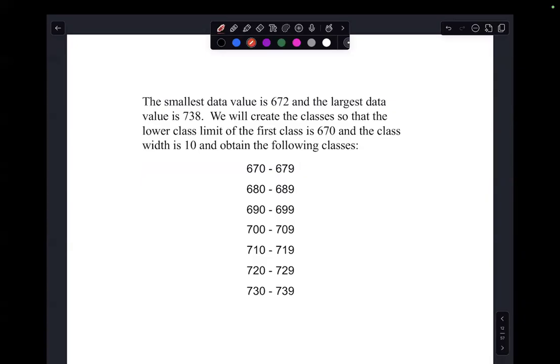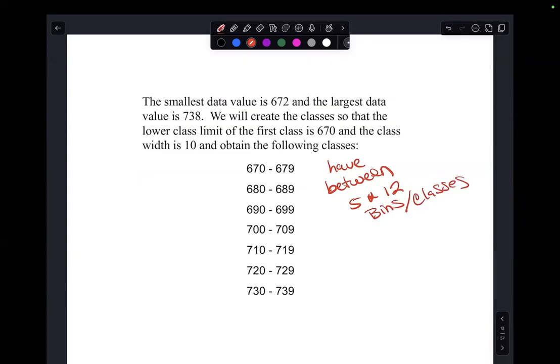That's really good. We generally want, I think they say, between 5 and 20 classes. I think that 20 is too many. So for our class purposes, I want you to have between 5 and 12 bins or classes. That's what I would like you to have.